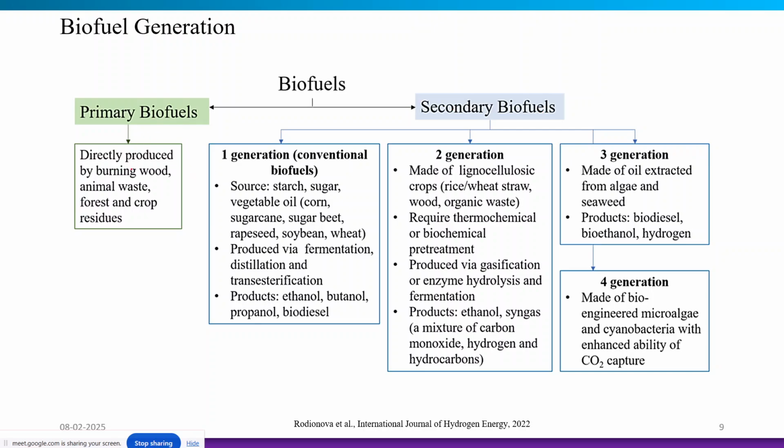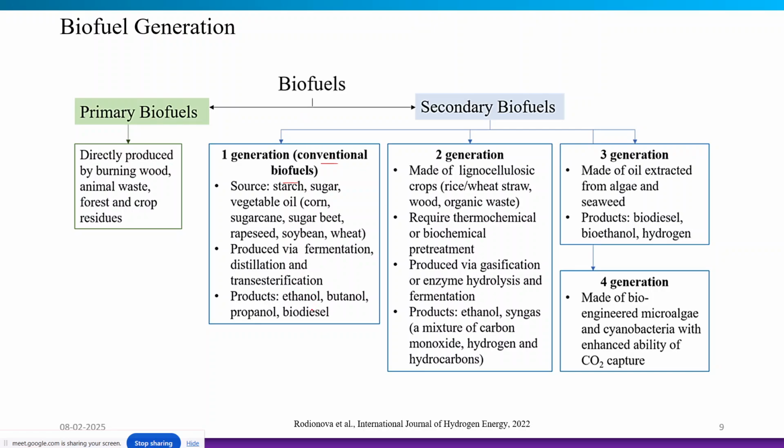Primary biofuels are directly produced from the burning of wood, animal waste, forest and crop residues. Whereas secondary biofuels include first generation biofuels, also called conventional biofuels. The sources of first generation biofuels are starch, sugar, and vegetable oil. These are produced by fermentation, distillation, and transesterification processes.